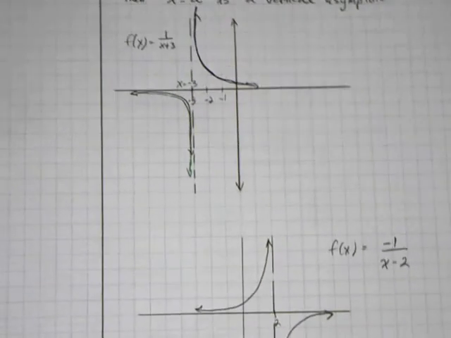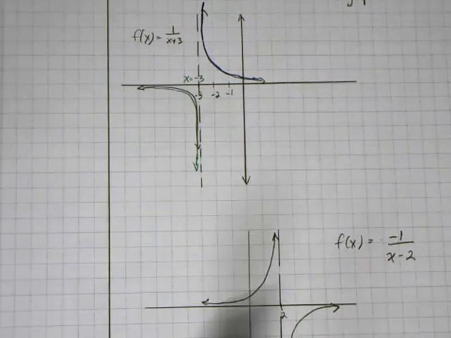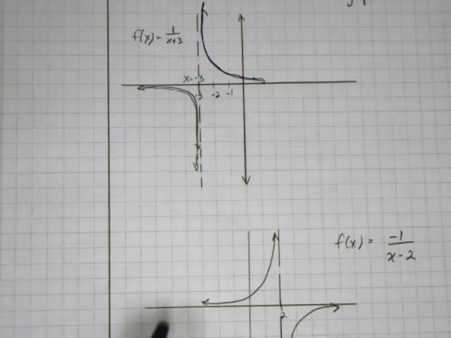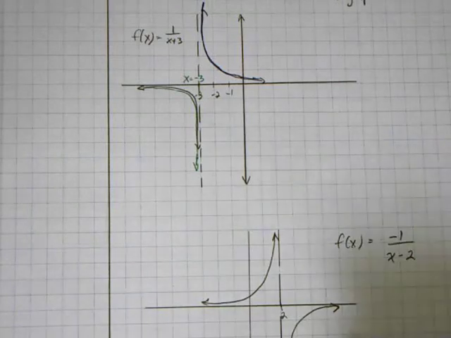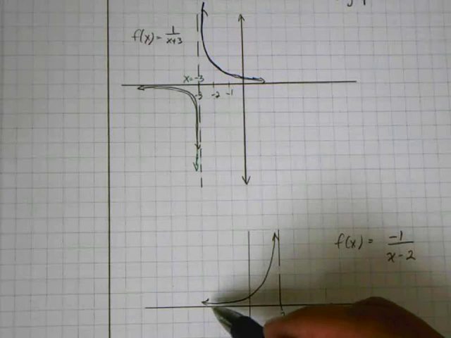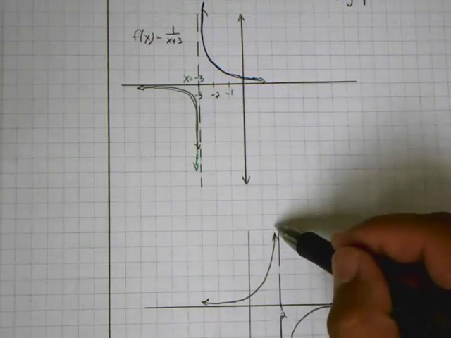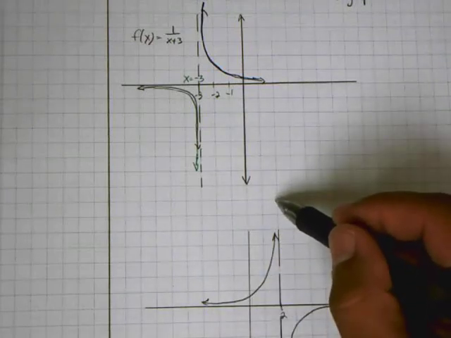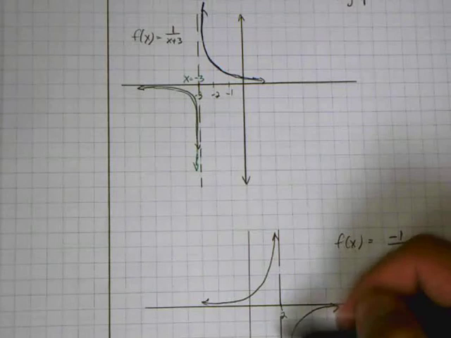And you can see if I look at the two graphs, the orientation of these curves are a little bit different, but the moral of the story is that the y values still approach positive infinity as I get closer and closer to this dotted line.